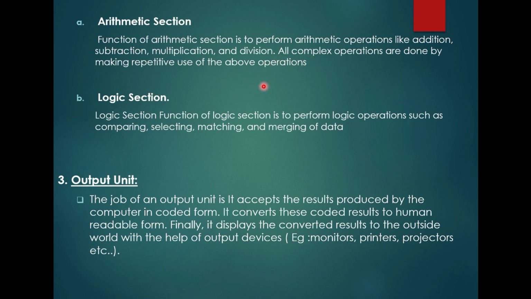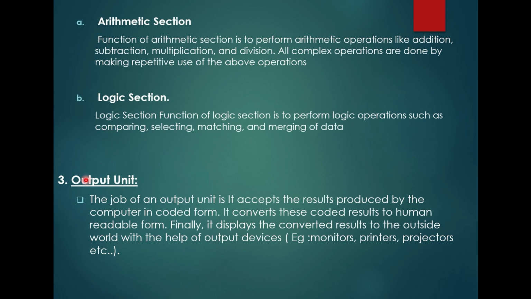If a greater than b, then print a is greater than b, or else if it is not satisfied, then I want to print that a is not greater than b. Here we give b equal to 5. It means b is not less than a. So here we print that a is not greater than b. That's how the logic section works.